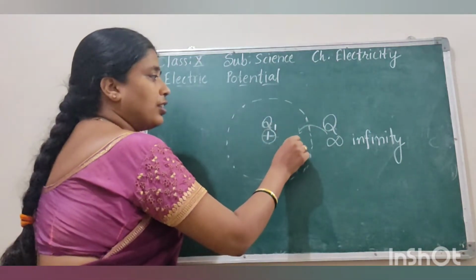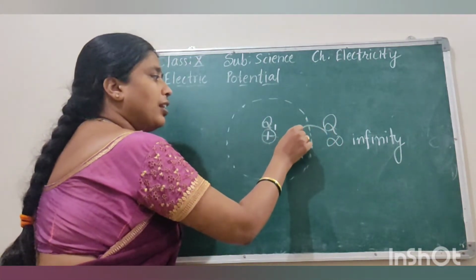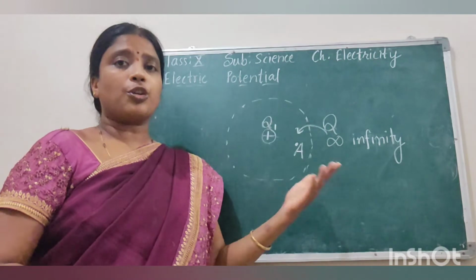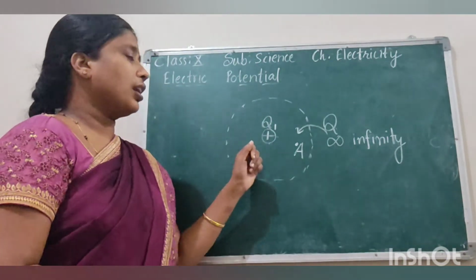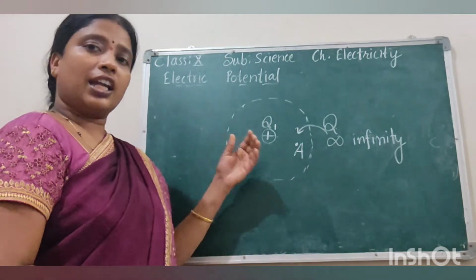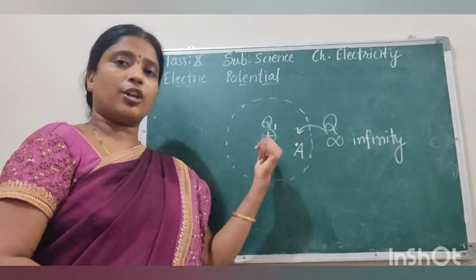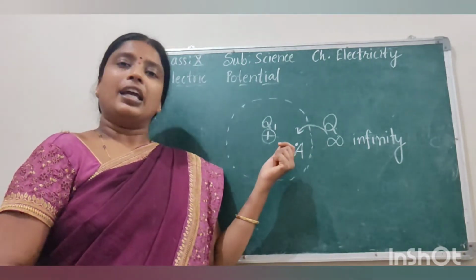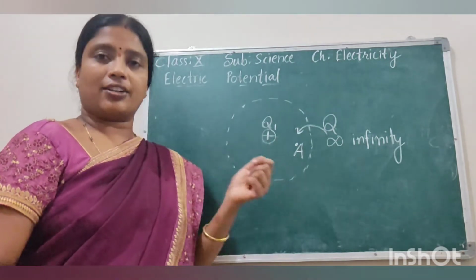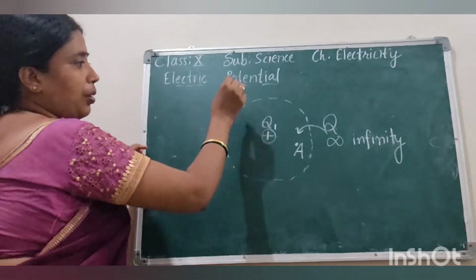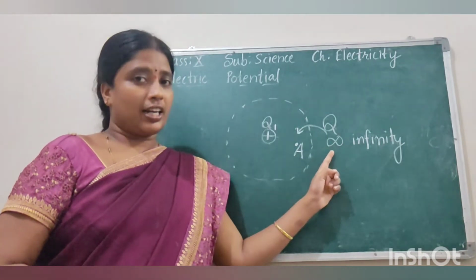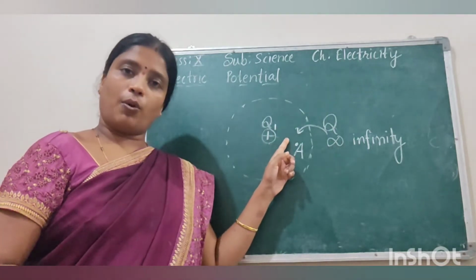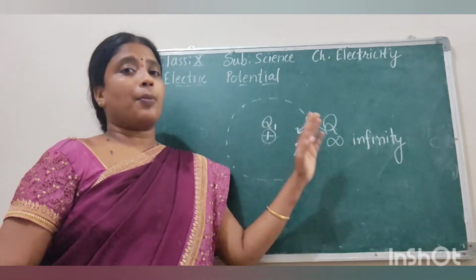The work that needs to be done in bringing the unit charge from infinity to this point is known as electric potential. So electric potential is the amount of work done in bringing the unit charge from infinity to a point.